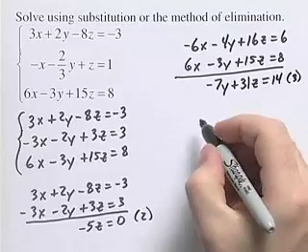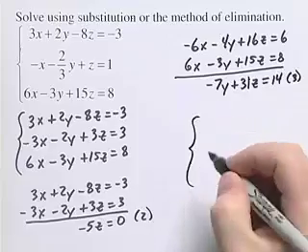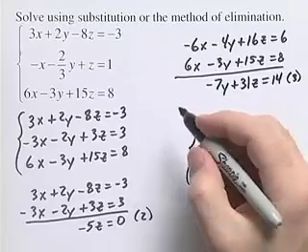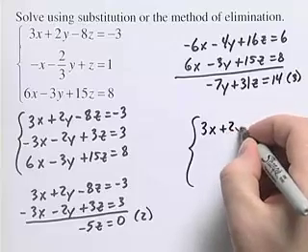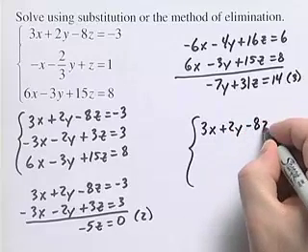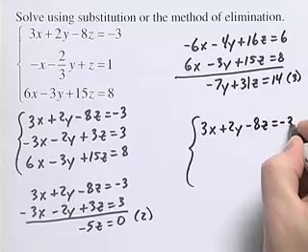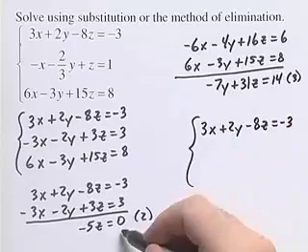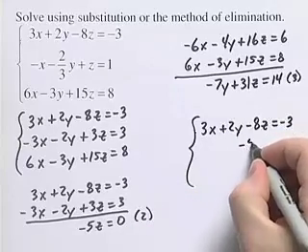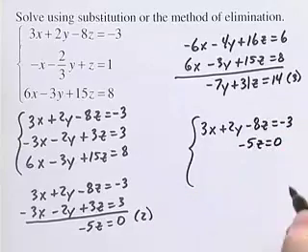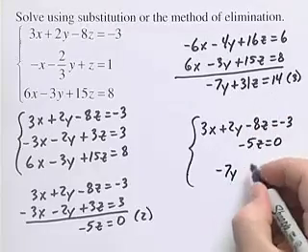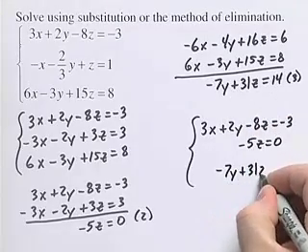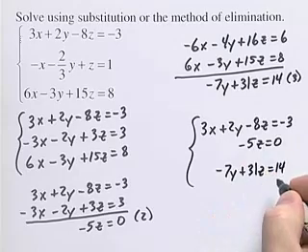We're going to rewrite our system now so we keep track of where we are. We haven't changed our first equation, so we're going to use 3x plus 2y minus 8z equals negative 3. We're going to write down our second equation here, negative 5z equals 0. And we have our third equation, negative 7y plus 31z equals 14.